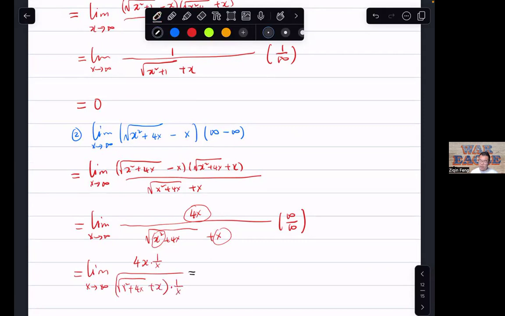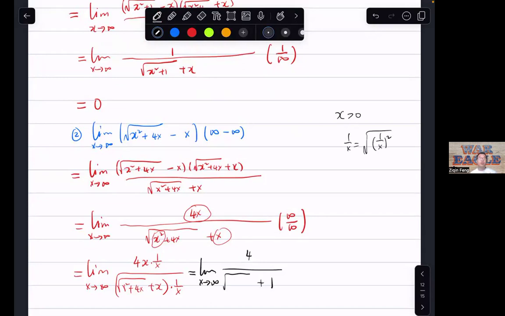Now let's do this. As x goes to infinity, you get 4 over 1. For the first term here, we want to put 1 over x into the square root. If you want to put something into the square root, you need to square it. If x is positive, then 1 over x is the square root of 1 over x squared.